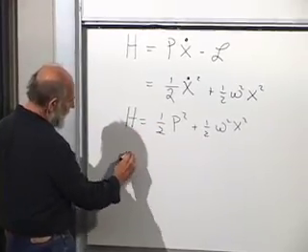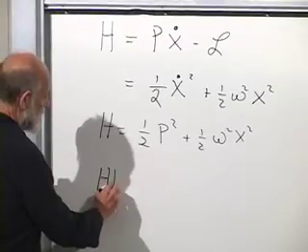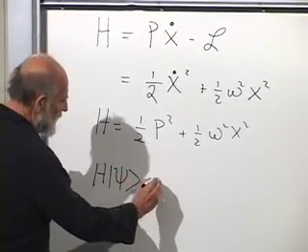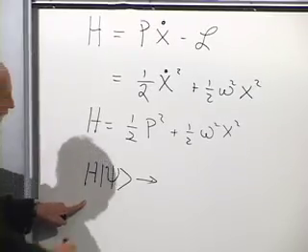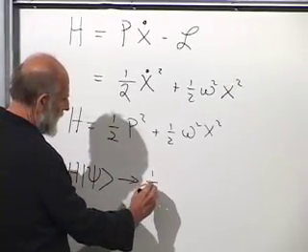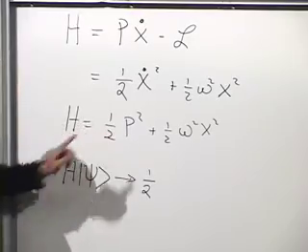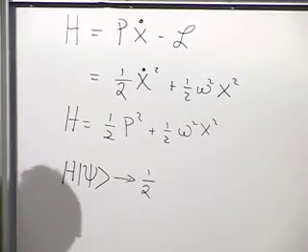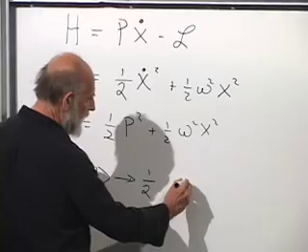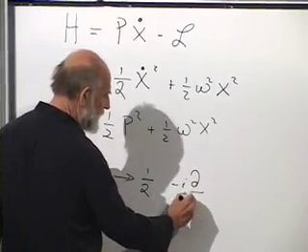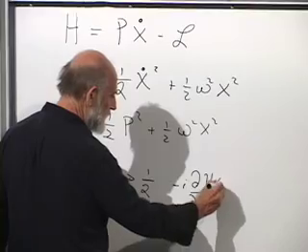Let's write h on psi corresponds to 1/2. Now, let's first apply p once. That's minus i d by dx psi of x.